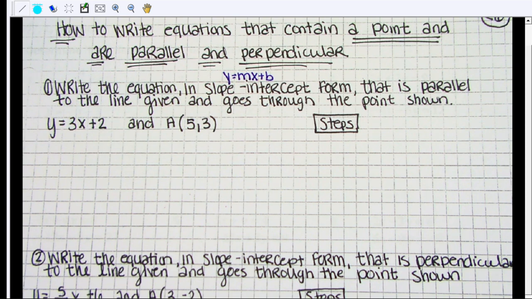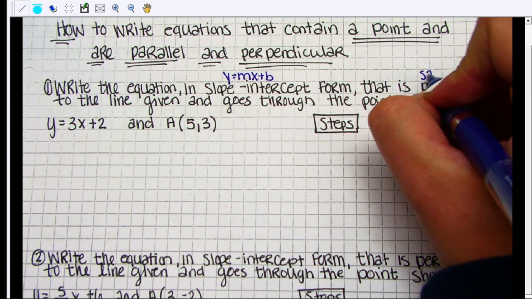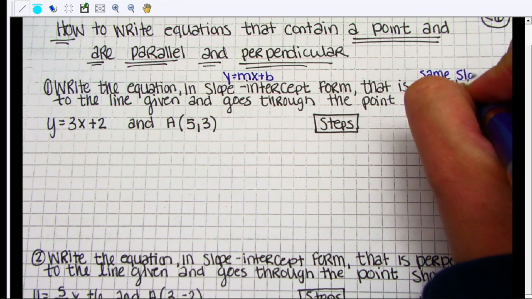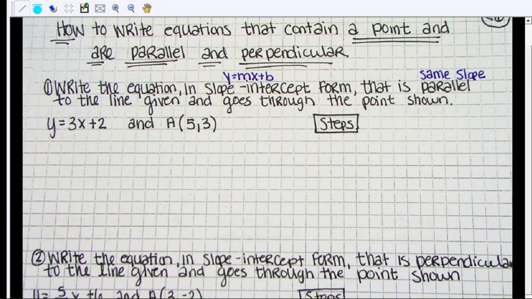What kind of slopes are parallel? How do I know they're parallel? They don't change. Same slope, good job, and they don't change. So parallel means same slope. And it has to go through a specific point, which means if I'm given a point and a slope, I have to start in point slope form.